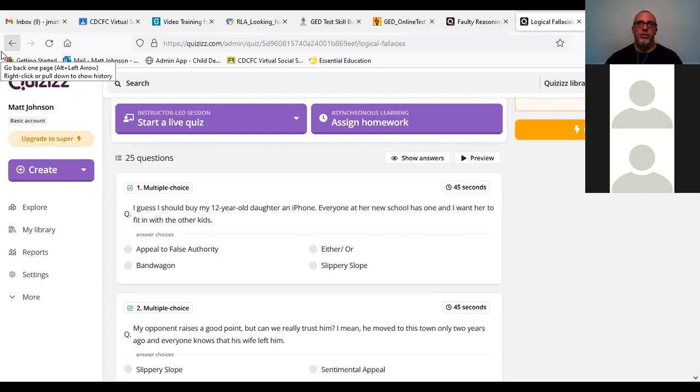And then there's also irrelevant evidence, where they can throw something at you that's not necessarily relevant. It looks good, it might be a statistic, but does it really speak to the argument and the claim they're making?